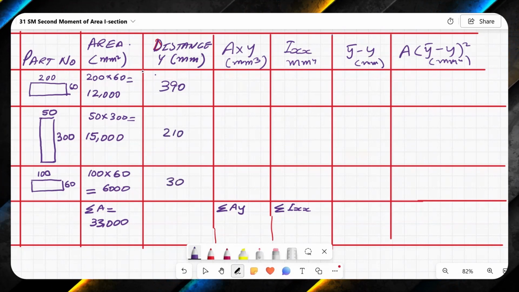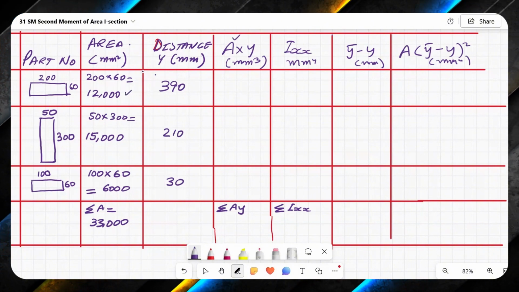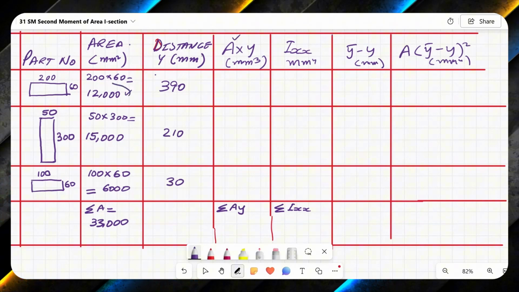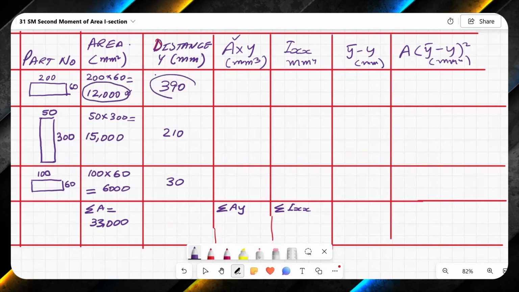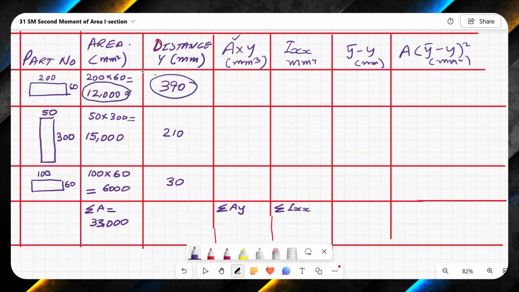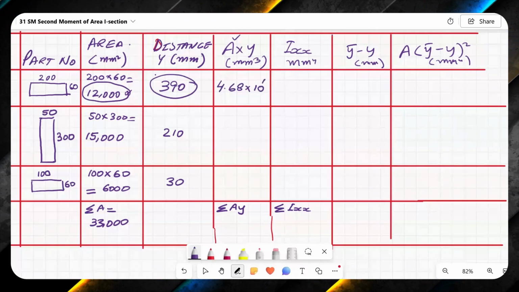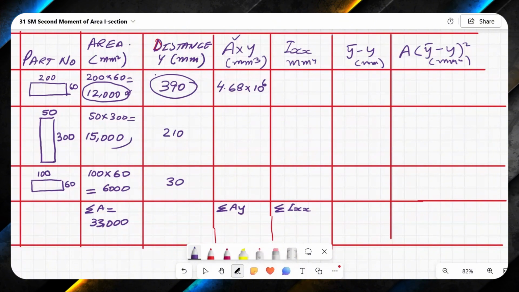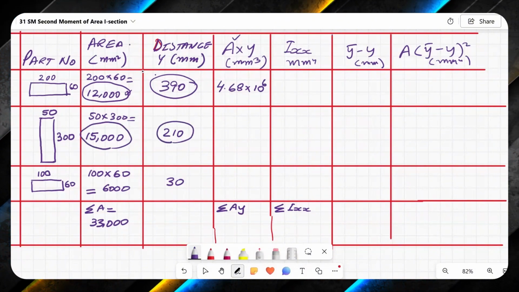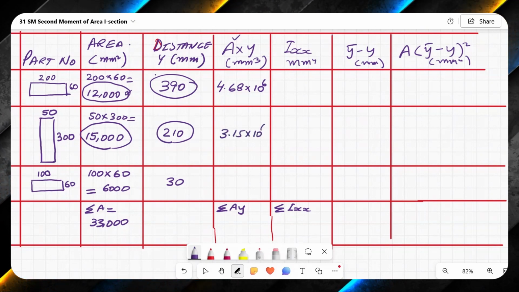Once we have got these two values, then we can multiply area with y. So when you multiply these two values, this and this, you will get 4.68 times 10 raised 6. When you multiply 15,000 with 210, you will get 3.15 into 10 raised 6.